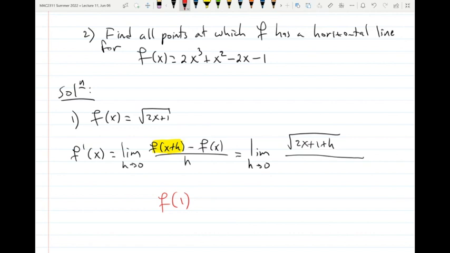Now here, use the same idea. You change the x into a 1 for this one, yes. Now use the same idea for the top. What do you do when you see this? Okay, let me erase this.